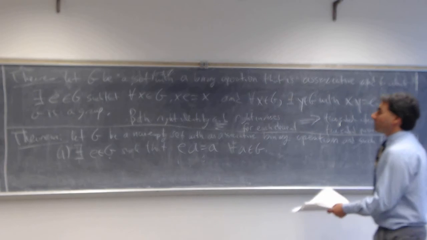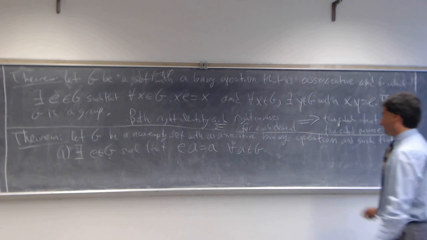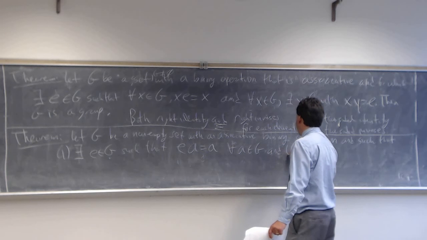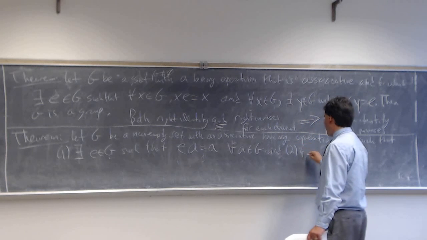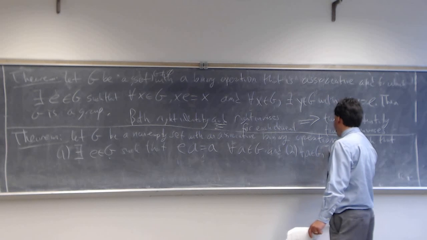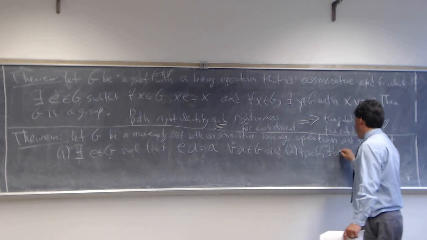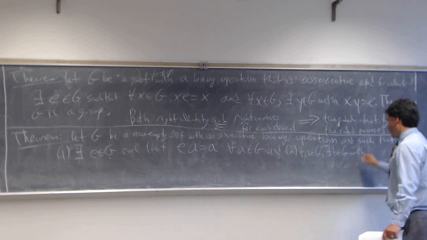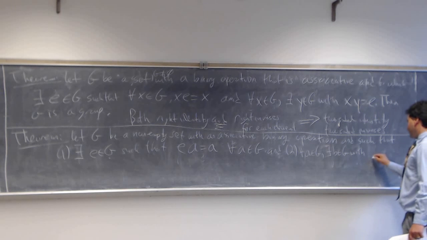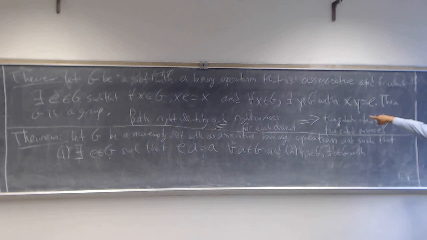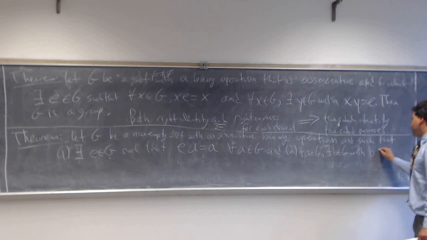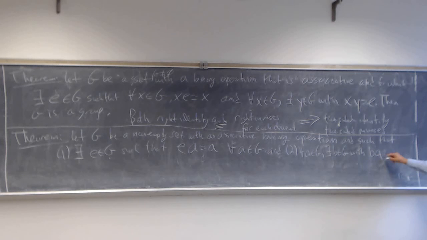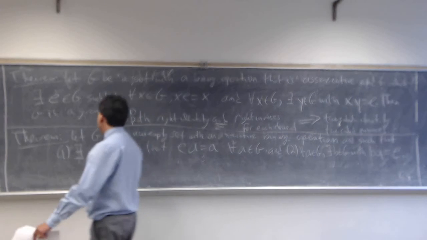So again, that's why I call it a left identity. You multiply on the left. And two, for all A in G, there exists a B in G with, again, in the notes I proved the right version of this, so I want to think about B as being a left inverse of A, so B on the left times A would take you back to the identity, or the left identity.